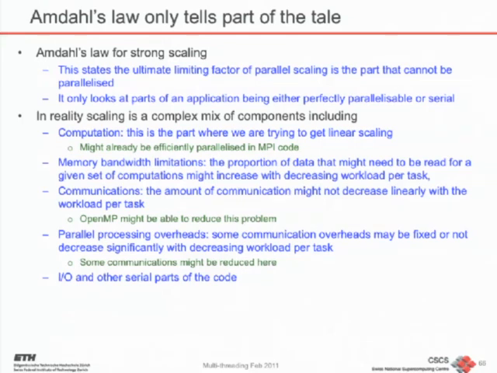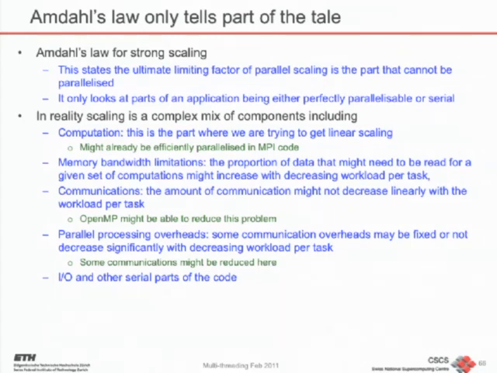So typically computation, the part where you're trying to get that linear scaling, might already be efficiently parallelized. And if the computational aspect itself has been efficiently parallelized, then you don't gain anything from OpenMP. You can get memory bandwidth limitations that mean Amdahl's law is a little different, because you're not talking just about what compute you can do, but about what memory you can access.